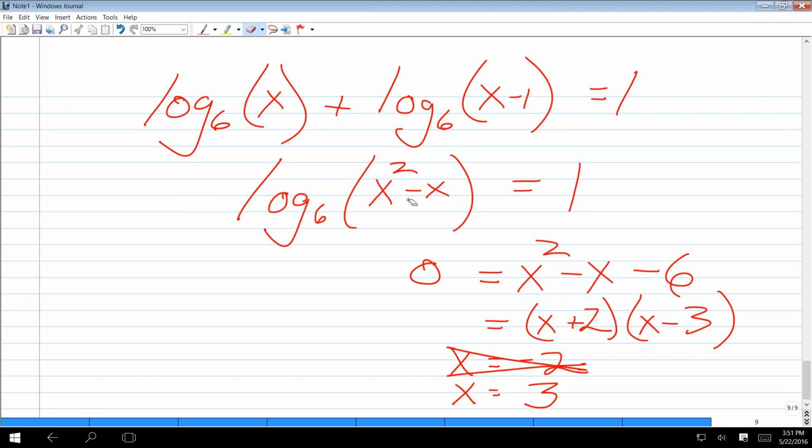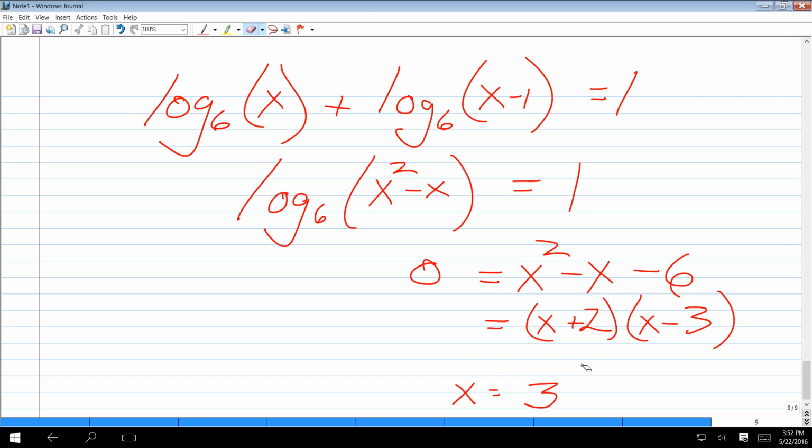This is a rule of logs where we can expand and compress, but it does some funky things to our domain. And it allows you to get some domains by that would never get by that. And so always make sure you go back to the original one, because this will frequently be the case. Because once it's squared, then all those negative numbers turn positive. So on a test, the only answer for this one would be x equals 3.